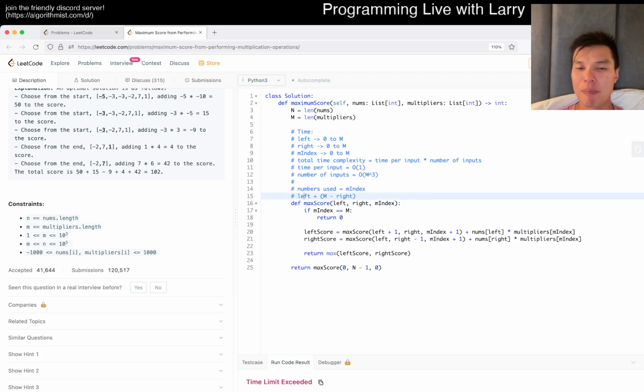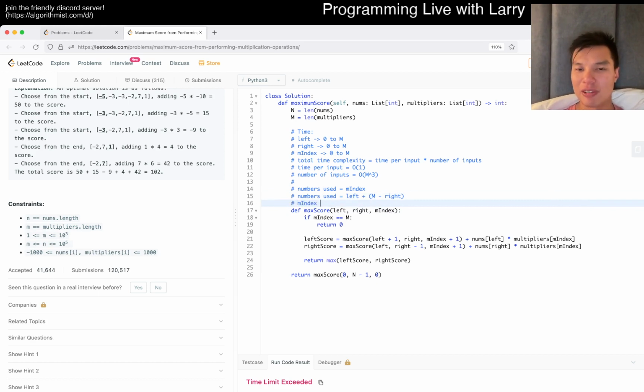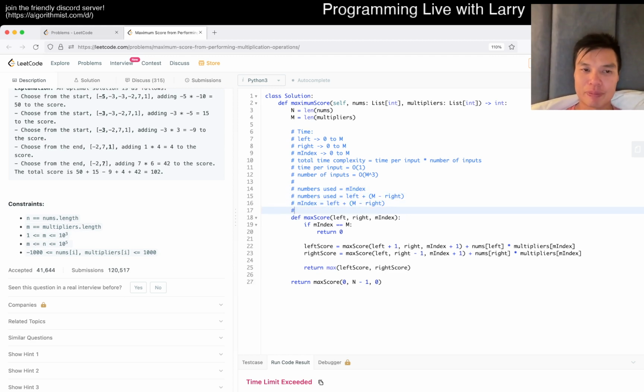Left plus m minus right is also equal to numbers used, right? So numbers used is equal to m index, and numbers used is also left plus this thing. So why not set them equal to each other, right? That's pretty much the idea for this one.